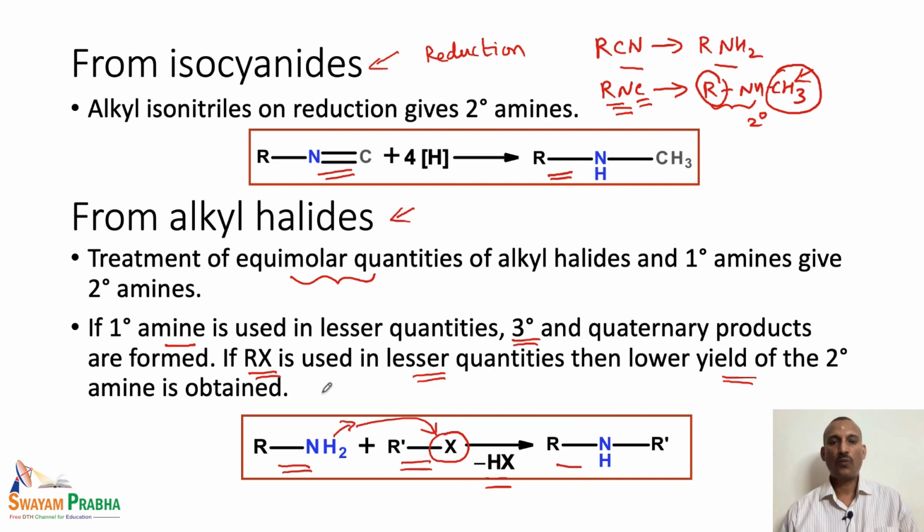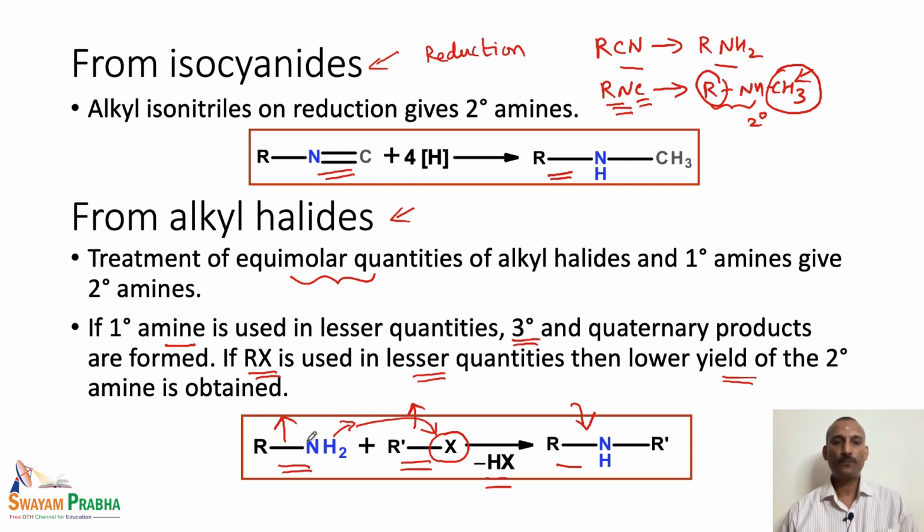So, what we have to look at here is that the use of one equivalent of the primary amine and one equivalent of the alkyl halide is very important for the success or the higher yield of the secondary amine. Using either one of them in large excess or in lesser amount leads to different types of products.